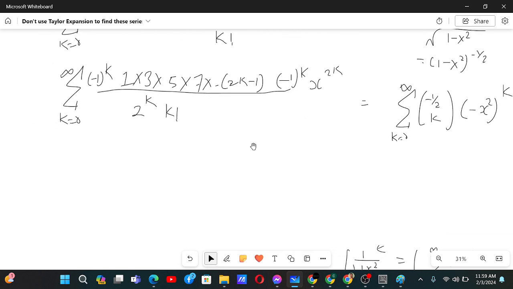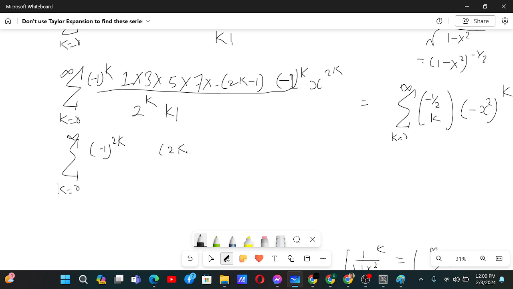Now after this, what we can do is, basically we have minus 1 to the power k twice, so that is minus 1 to the power 2k. And now this can be written as 2k factorial divided by, since we are multiplying 2, 4, 6, 8, 10 and so on up to 2k.